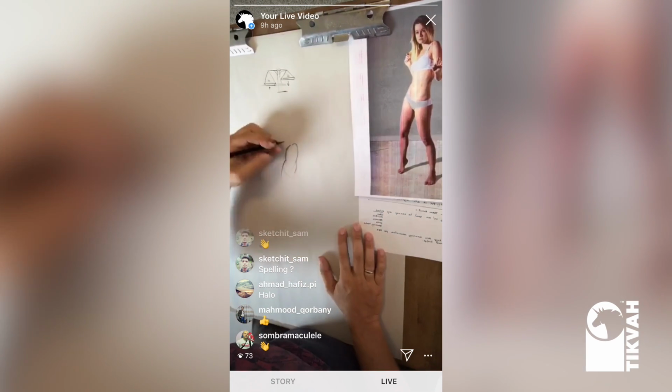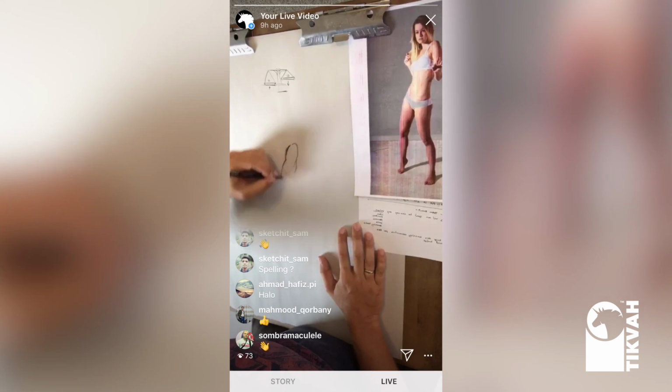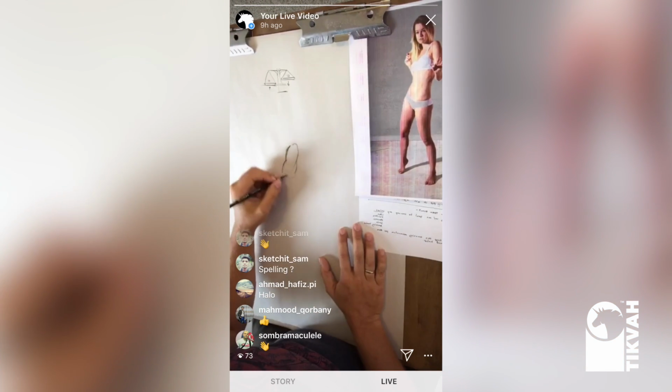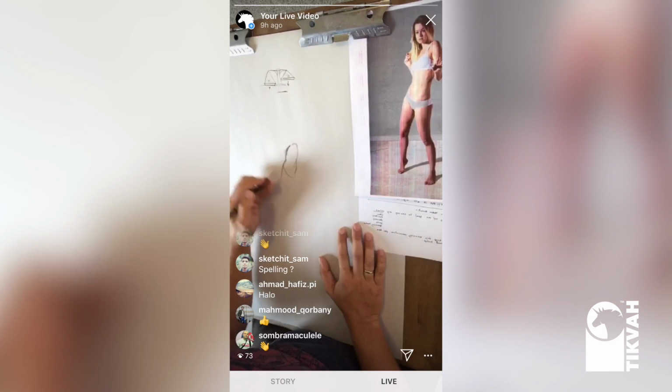Okay, so we're just trying to figure out what's going on here. So maybe another layer line. That's the torso there.